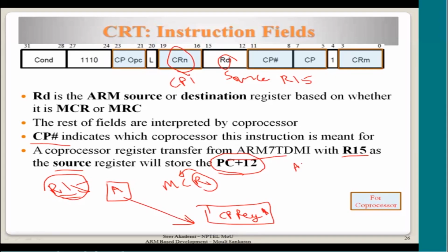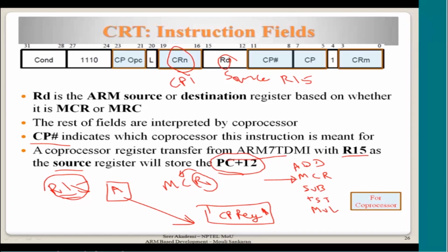Let me give an example. There is an ADD, one ARM instruction, and then you are executing MCR, and then there is a subtract instruction, then a test instruction, and then a multiply instruction, suppose.